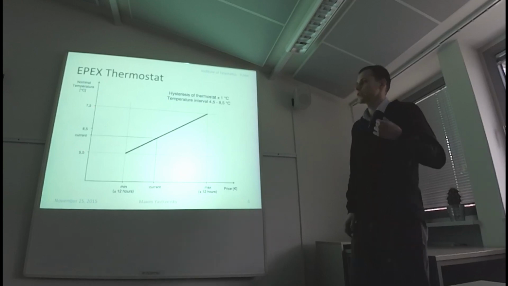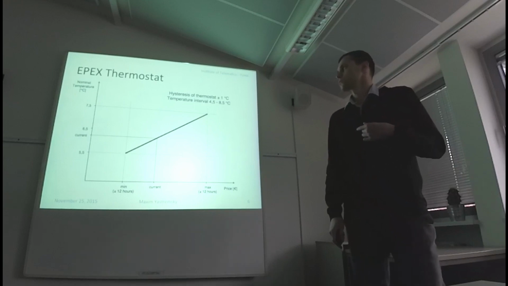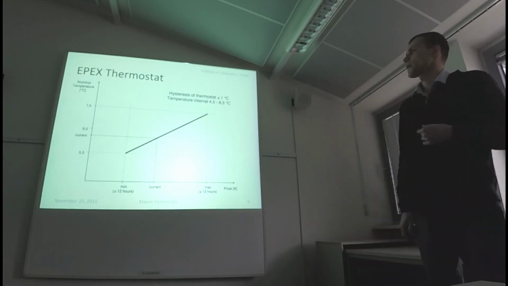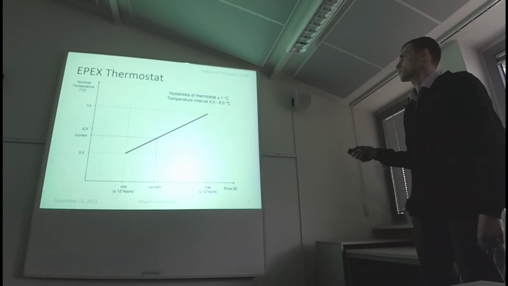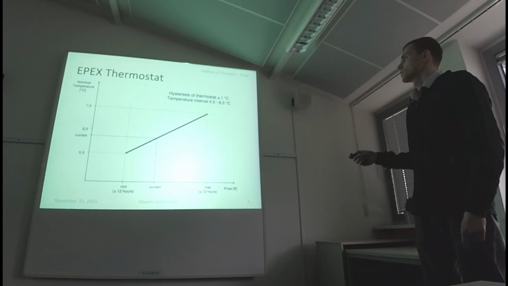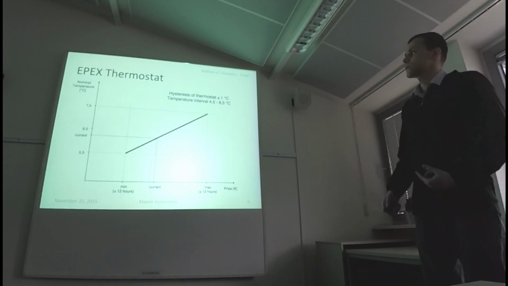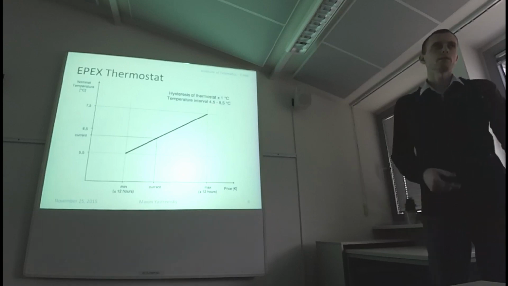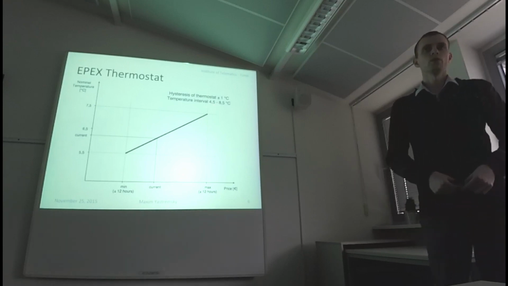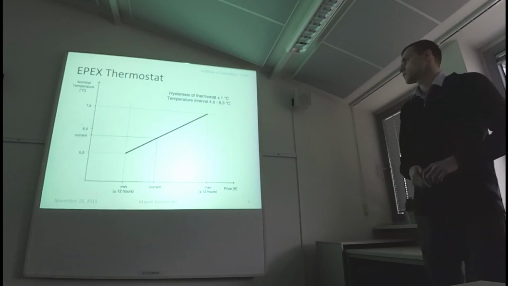So the nominal temperature changes from 5.5 to 7.5 degrees, and the deviation gap of the thermostat, in other words hysteresis, was plus-minus 1 degree. So the final temperature interval will be 4.5 to 8.5. That's the same interval which was chosen for the test purposes.